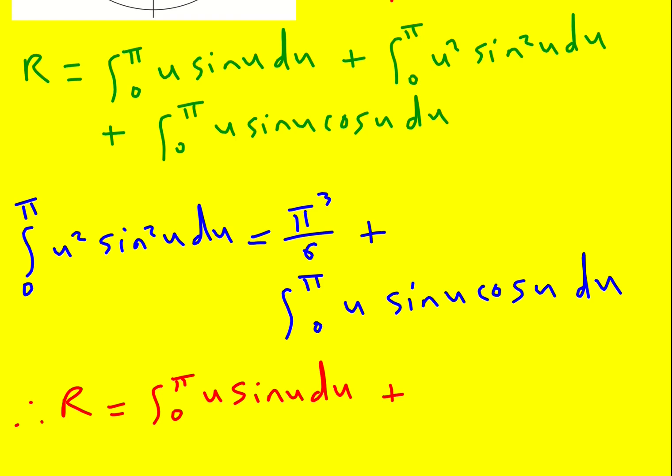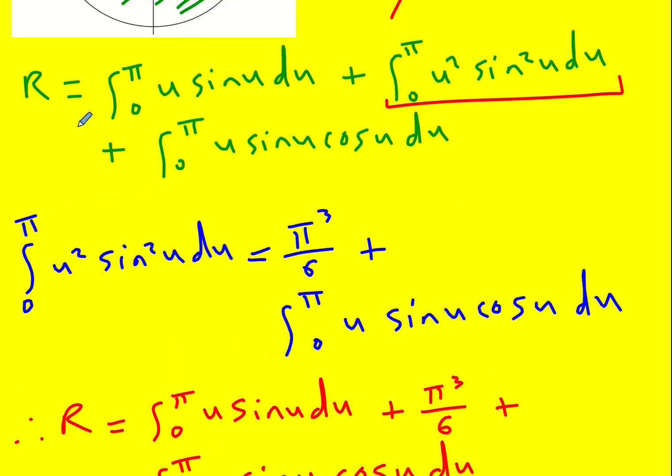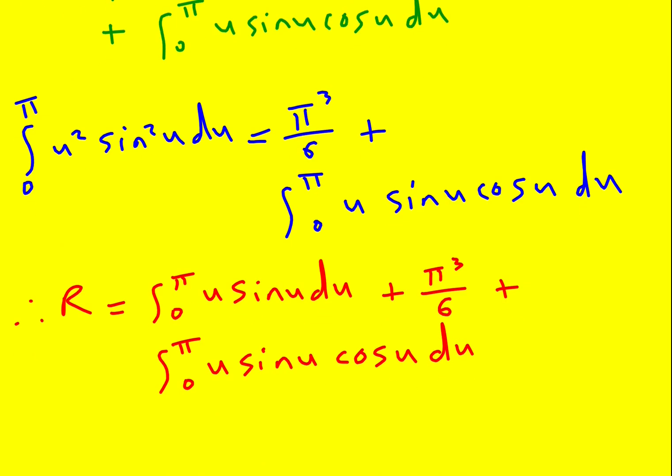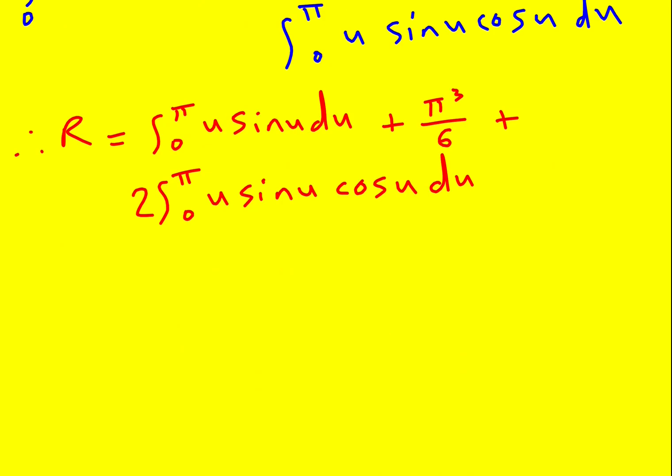And then I'm going to add on, we've calculated this one, so it's going to be pi cubed over 6, plus the integral from 0 to pi of u sine u cos u du. But then I'm just adding on another one. So in fact, I've just got two lots of that integral. I'm going to focus on the first integral.